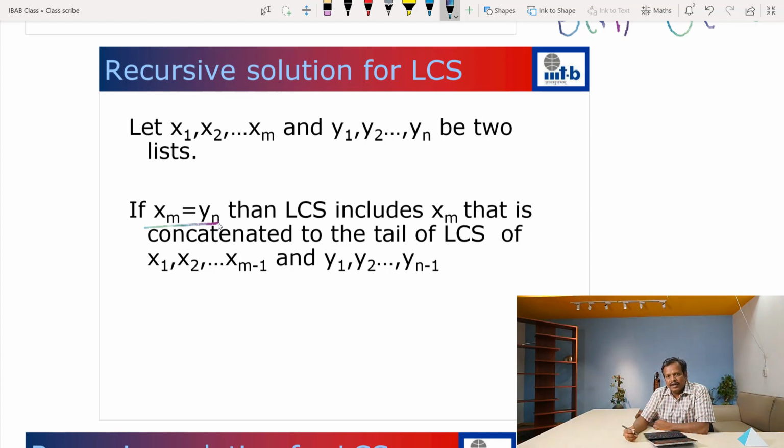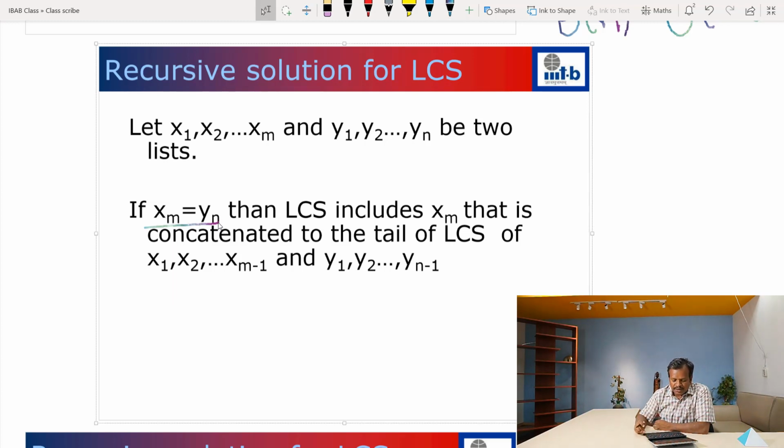So you can find the longest common subsequence of x1, x2, ..., x of m minus 1 and y1, y2, ..., y of n minus 1, and whatever answer you get, you can concatenate with the last character and get a sequence of length 1 more than the longest common subsequence of the smaller strings that you considered.